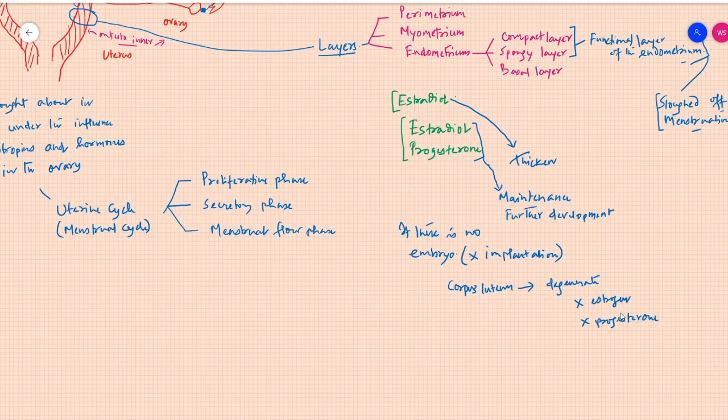As a result, the functional layer of the uterus, the compact and spongy layers, will disintegrate.